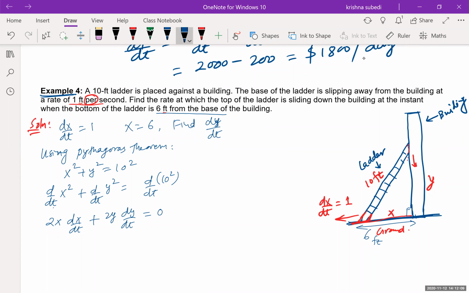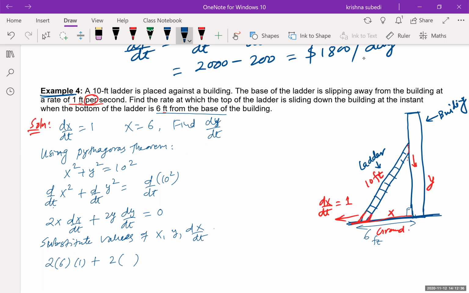Now the next step is to substitute the values of x, y, and dx over dt. So 2x, with x given as 6, dx over dt given as 1, plus 2y.